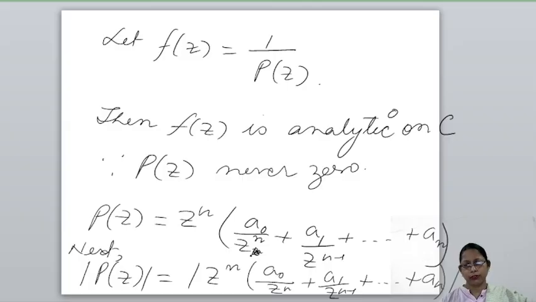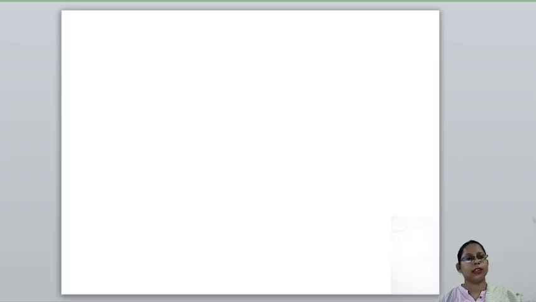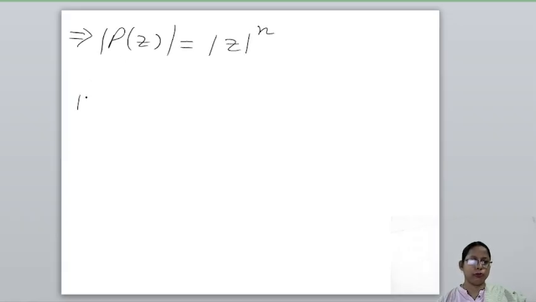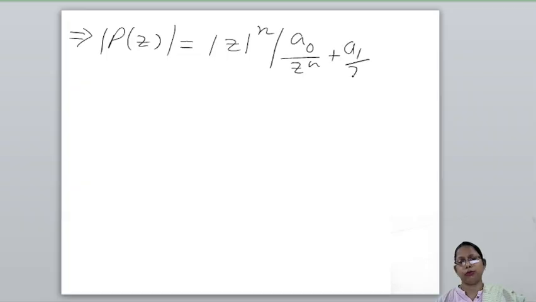So modulus of p(z) is equal to modulus of z^n, by using the property of modulus that the modulus of a product is the product of moduli, generalizing this to n complex numbers, multiplied with modulus of a naught plus a1 by z and so on up to a_n by z^n.